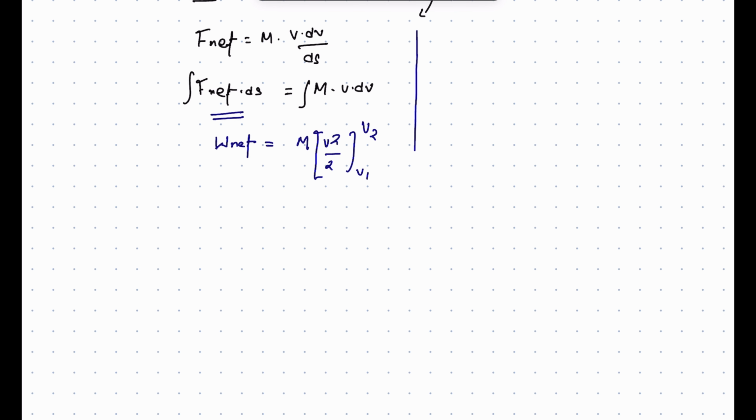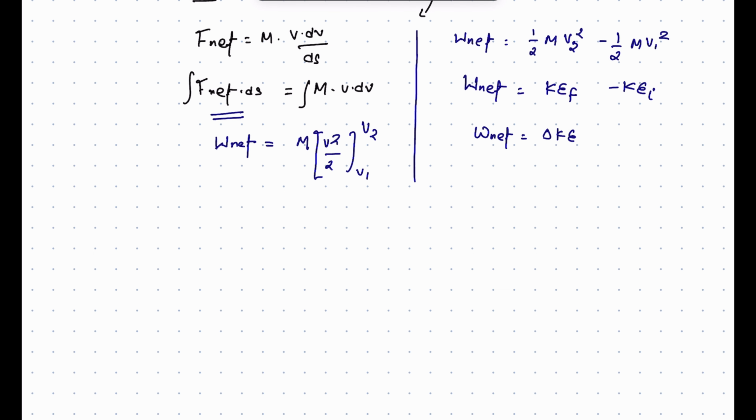So the net work done is equal to half m v2 squared minus half m v1 squared. This is the final kinetic energy and this is the initial kinetic energy. So net work done on a system is equal to the change in kinetic energy.